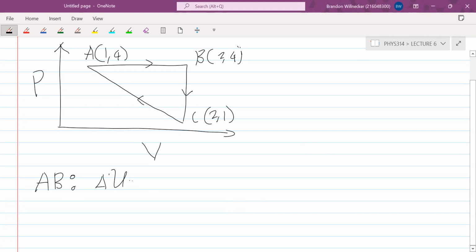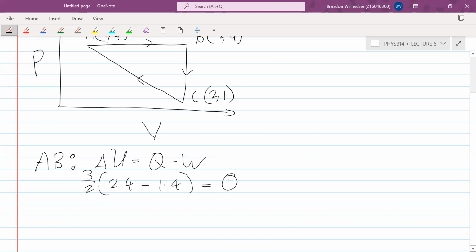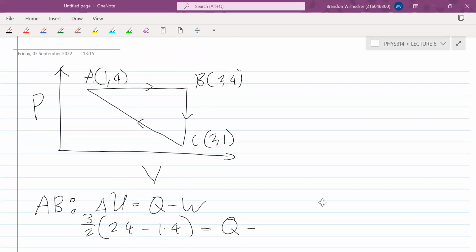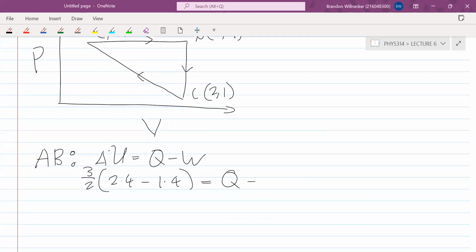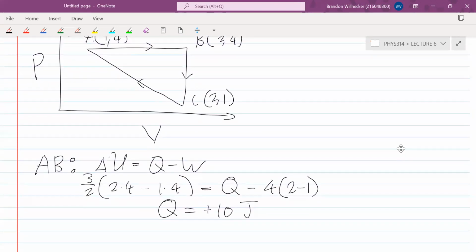Delta U is equal to Q minus W. Delta U is the change in internal energy between the endpoints, so we can write that as 3/2 (2 times 4 minus 1 times 4) is equal to Q minus W. Since this is an isobaric process, that's pretty easy to calculate. The work is just 4 times (2 minus 1). You can simplify that, and we end up with Q equal to plus 10 joules. So along process AB, Q is positive, and so it's added to the system.